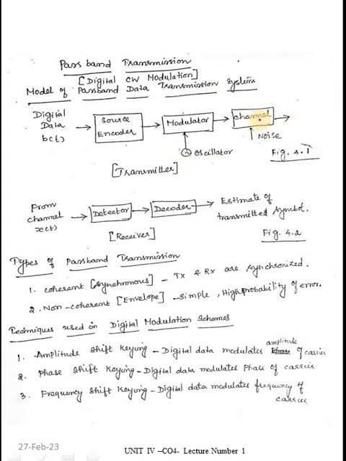The message from the channel is considered as the input for the detector in the receiver section. The major function of the detector is demodulation. Detection or demodulation is nothing but recovering the original data from the modulated waveform.